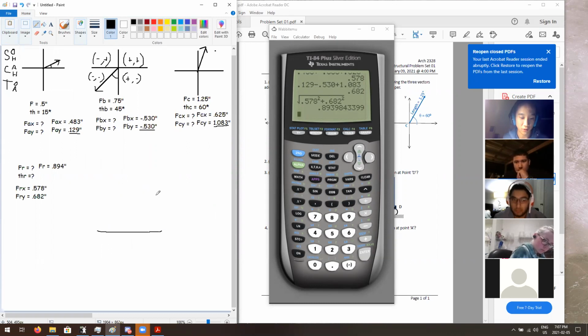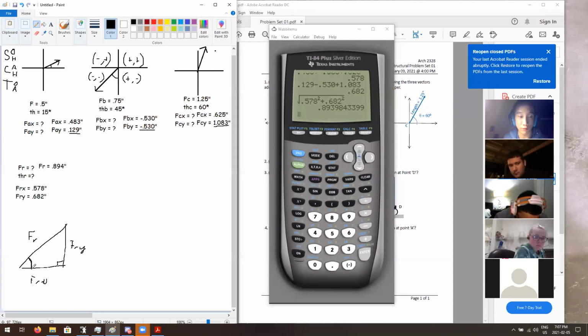All right. So remember our right triangle that we made. We have F R x, F R y, and we have F sub R. This is a 90-degree angle. This is the angle we're looking for because that's where it lies on the grid.